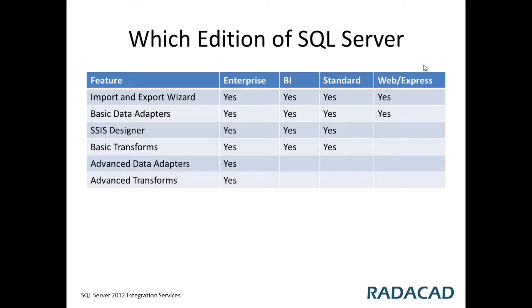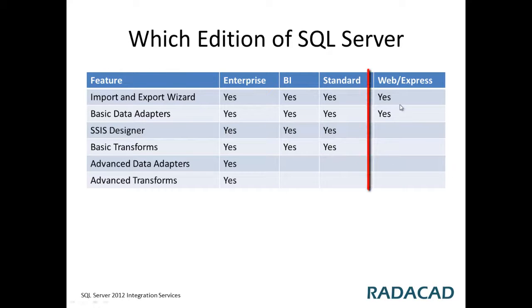If you use SSIS for a very simple data transfer, for example, getting a spreadsheet of information and loading it all into a SQL Server table, then you might just need the Import and Export Wizard, which is a very basic version of SSIS. And it supports some basic data adapters, for example, the SQL Server data adapter, the Jet Engine data adapter, and any other basic data adapter.